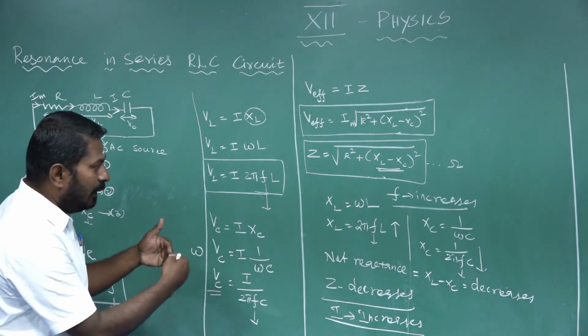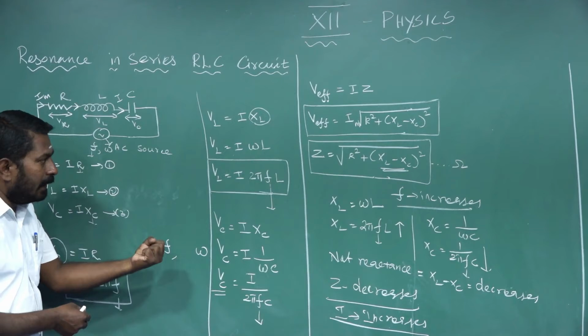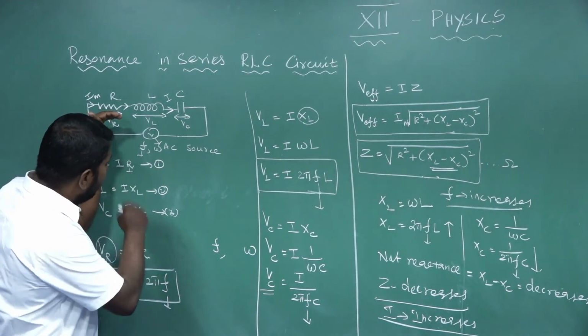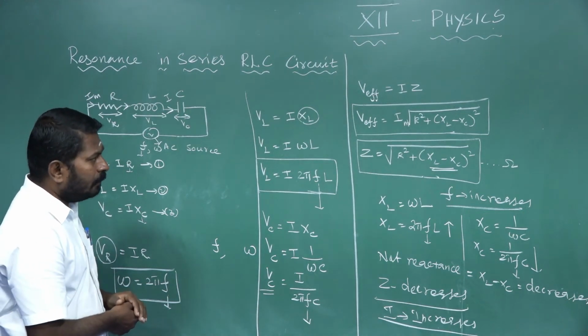This process is going on. Now as the frequency increases, automatically the net reactance further decreases, then the impedance of the series RLC circuit decreases, and the current through the series RLC circuit increases.